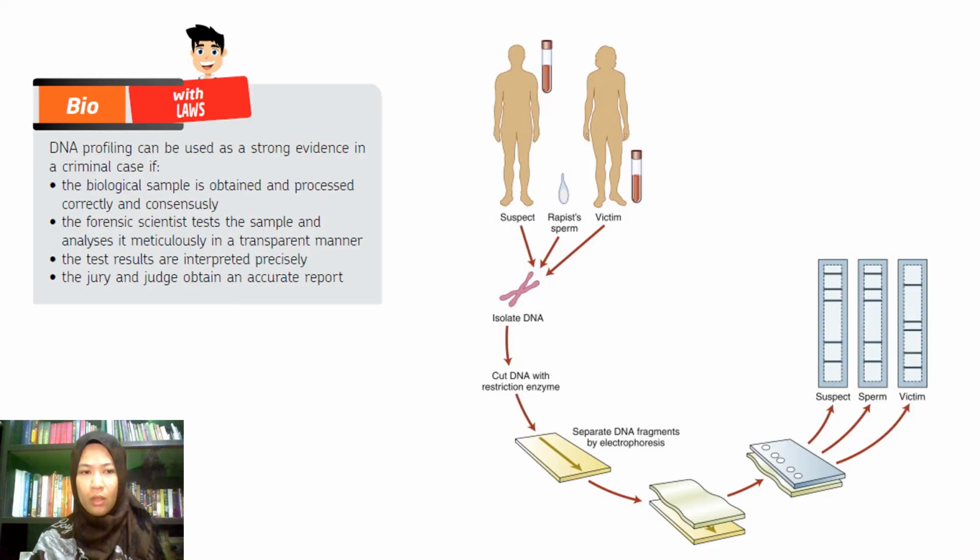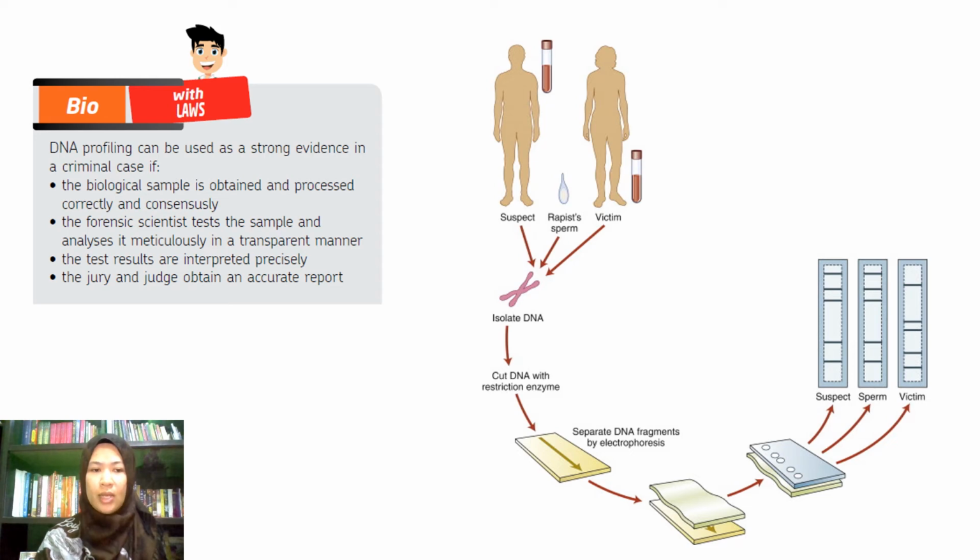Okay, you can see DNA profiling can be used as a strong evidence in a criminal case. Kenapa kat sini? Okay, if the biological sample, for example, semen, the blood, obtained and processed correctly and consensusly, sangat jitu. Okay, tak berlakunya penipuan, sangat jujur. So forensic scientists test the sample and then analyze it in a transparent manner.